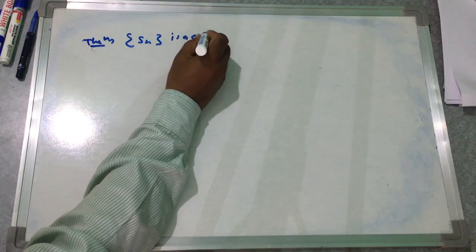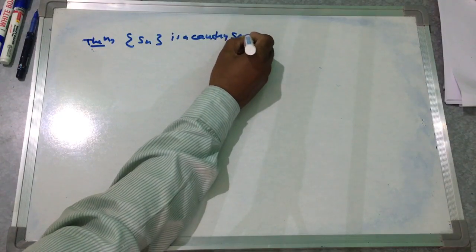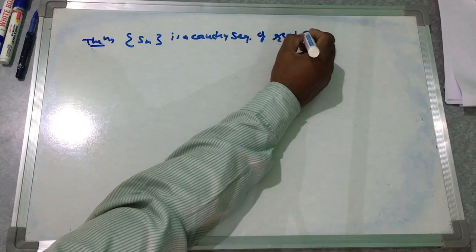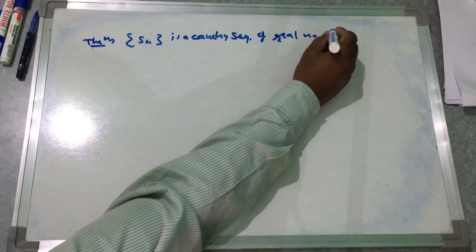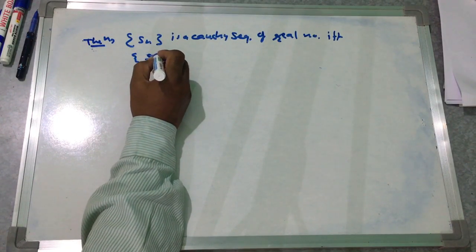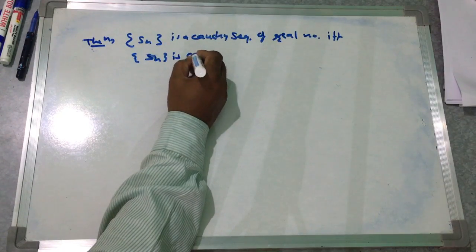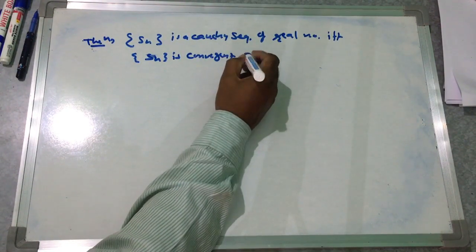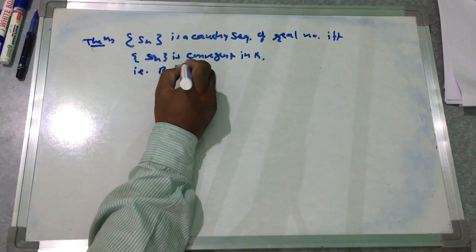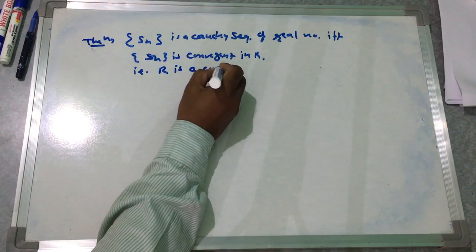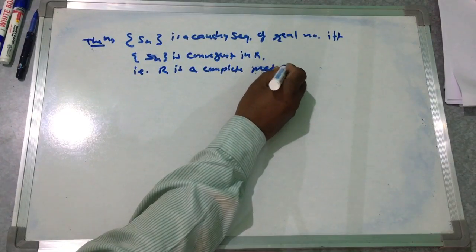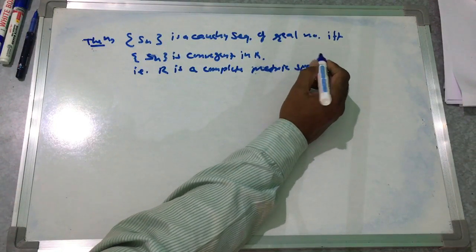Sn is a Cauchy sequence of real numbers if and only if Sn is convergent in R. It means R is a complete metric space. So we have to take this theorem.